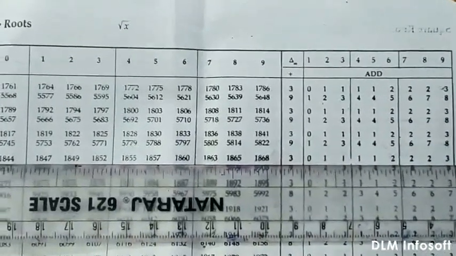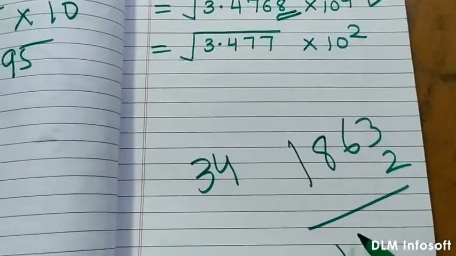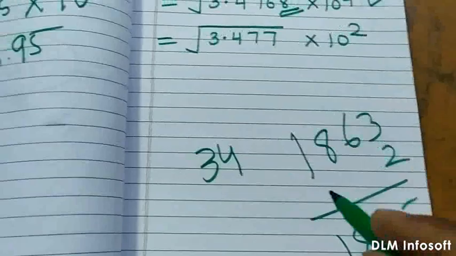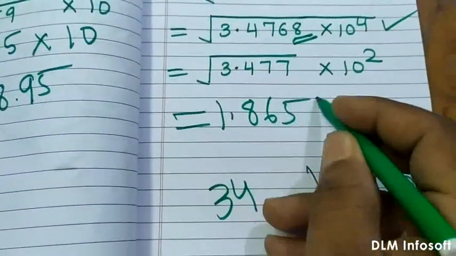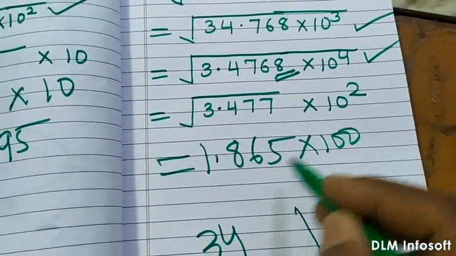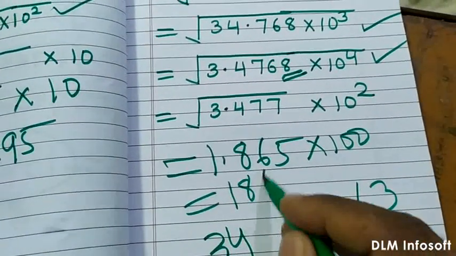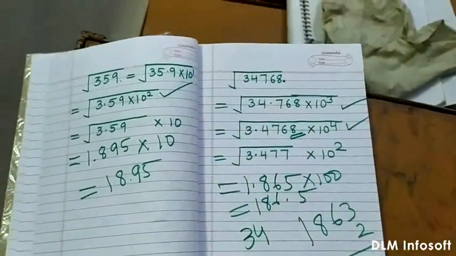So it is 1863 and 2. So it is 1865. So it will be equal to 1.865 and the square root of 10 to the power 4, 10 to the power 2, that is 100. So it is 186.5. It's clear. This is the answer.